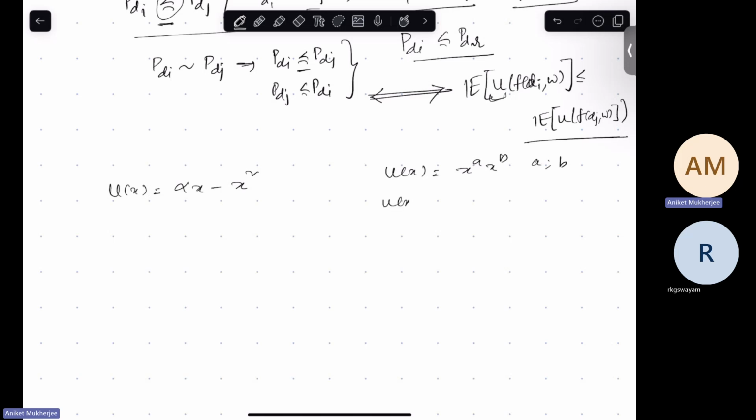You could have a utility function where it is, say, 1 minus e power minus lambda x, with some constraints on what lambda should be. Lambda should be greater than or equal to 0. So these all are classes of utility functions that you could use. That is more problem specific, like how well do you want your risk to be defined, and so on and so forth. So that will come slowly.